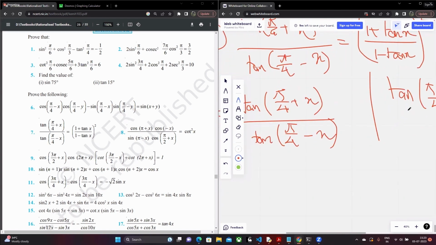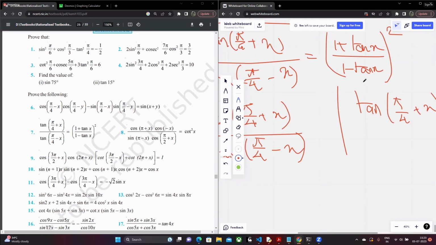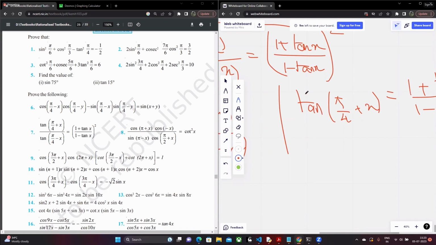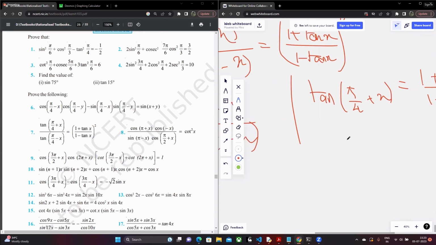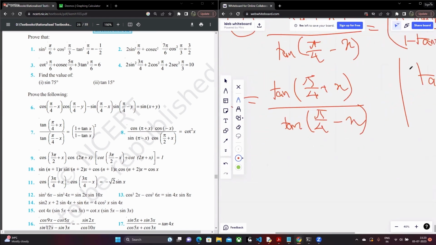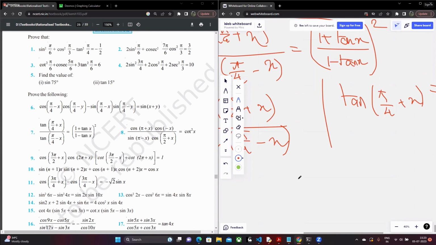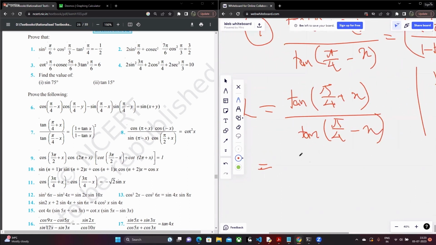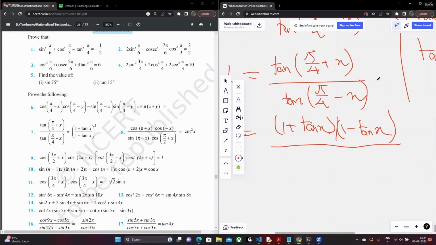It also stems from the fact that pi by 4 is the midpoint of 0 and pi by 2. So pi by 4 plus x and pi by 4 minus x are complementary angles, and so it's going to be an interchange of numerator and denominator. Having stated that, I'll do this to be 1 plus tan x divided by 1 minus tan x, all divided by tan of pi by 4 minus x.